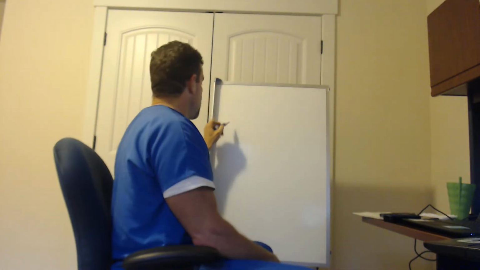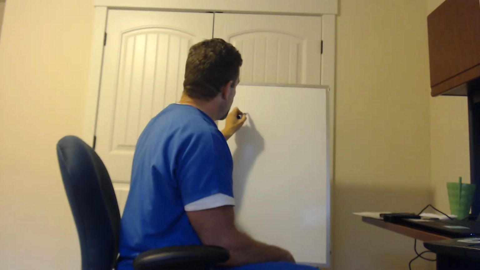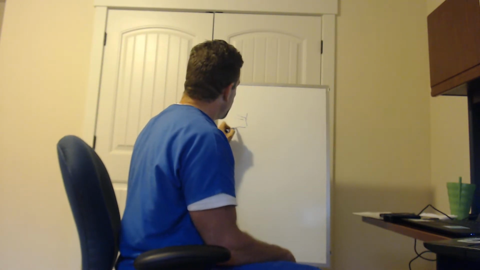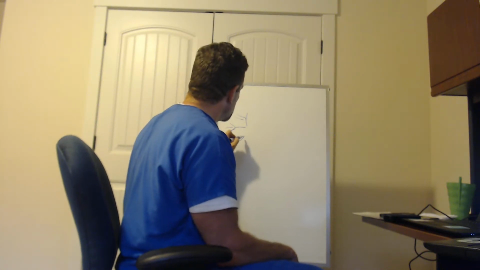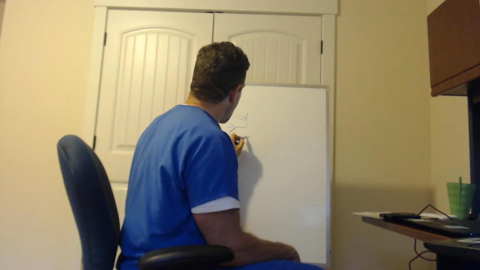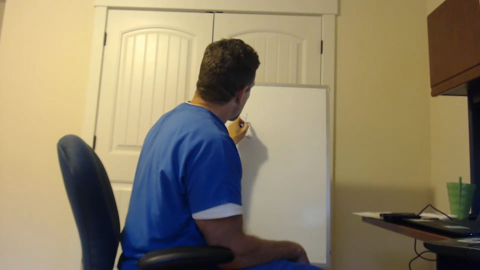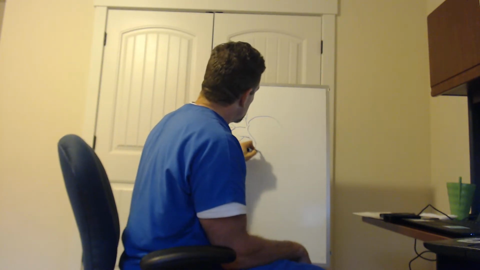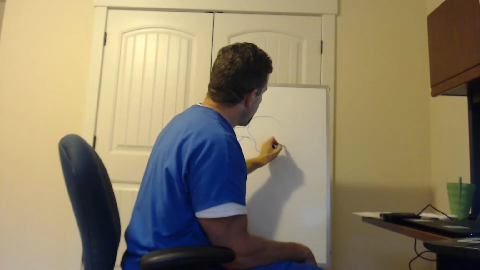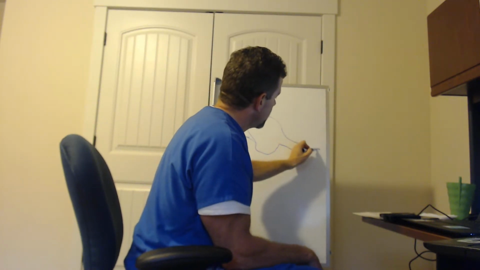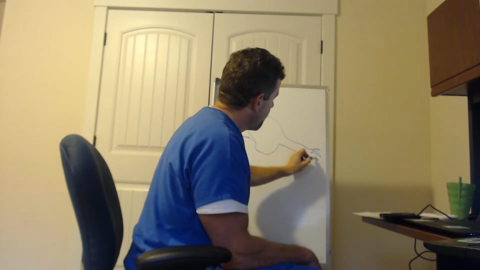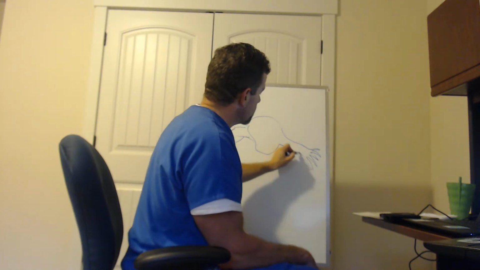And we talked about before that if this is our neuron, and these are the dendrites, these are receptors, this is the cell body, this is the axon, and then at the very end we have the synaptic terminals.